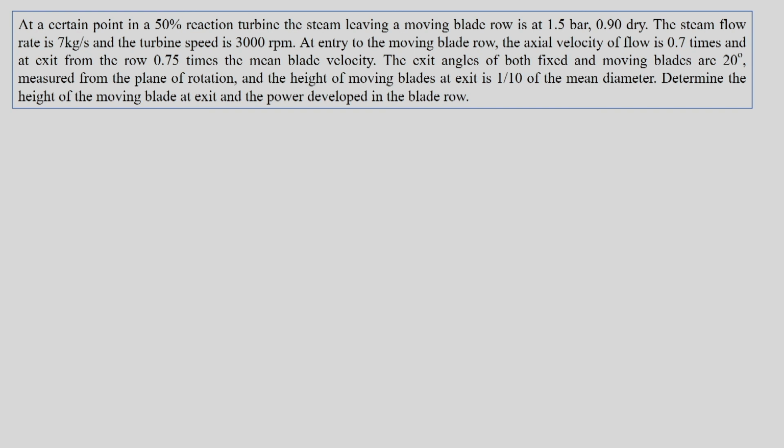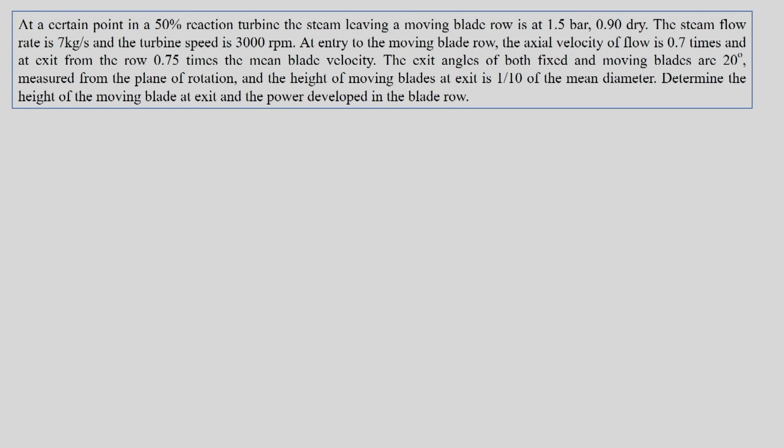The next example states that at a certain point in a 50% reaction turbine, the steam leaving a moving blade row is at 1.5 bar and 0.9 dry. The steam flow rate is 7 kg per second and the turbine speed is 3000 rpm. At entry to the moving blade row, the axial velocity of the flow is 0.7 times, and at the exit of the row 0.75 times, the mean blade velocity.